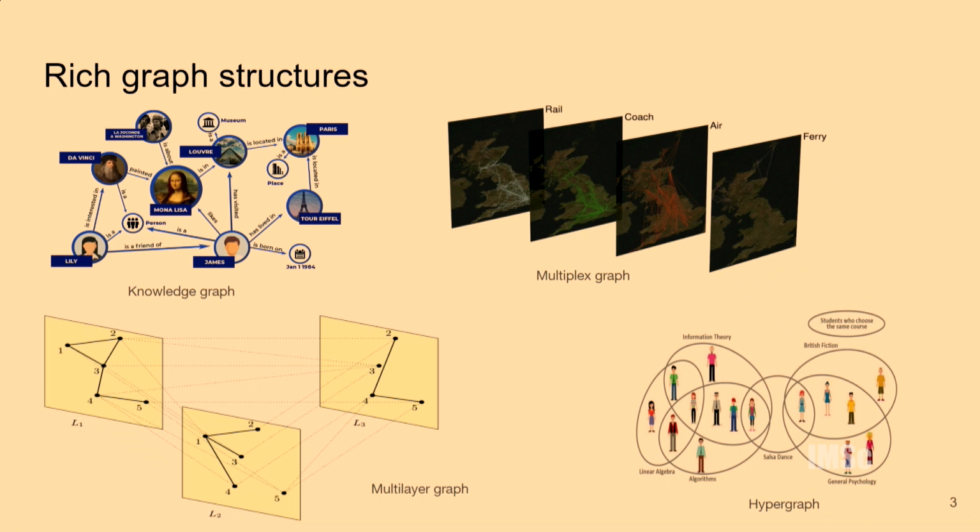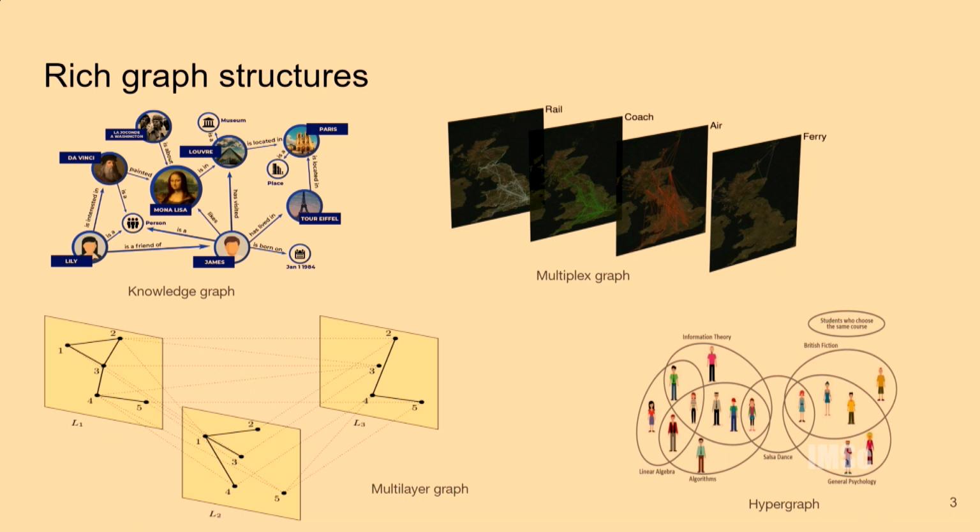And then there is another complex graph structure called multiplex graph, where multiple layers represent the same system, but the aspect that they capture is different. Here you can see this is actually a transport graph on some area in UK, where the nodes represent cities, and there are edges between nodes if there is a particular mode of transport possible between these cities.